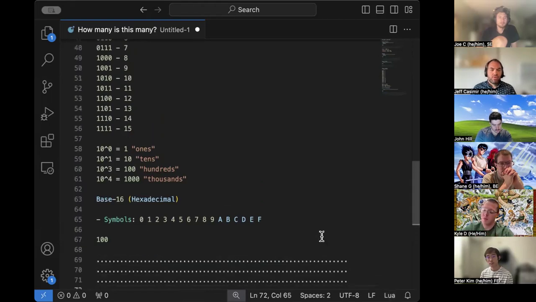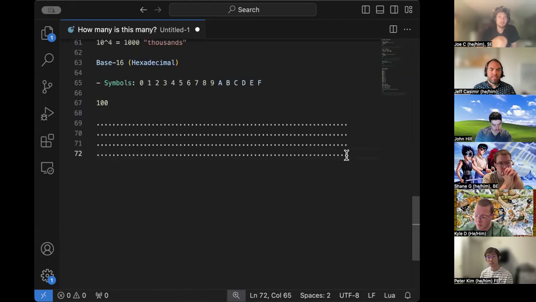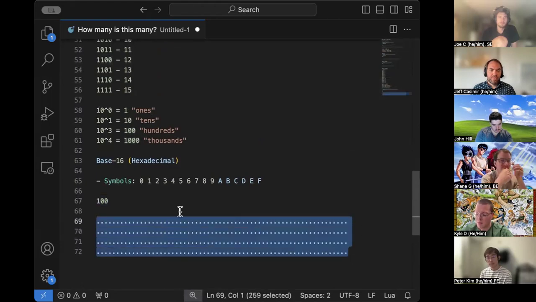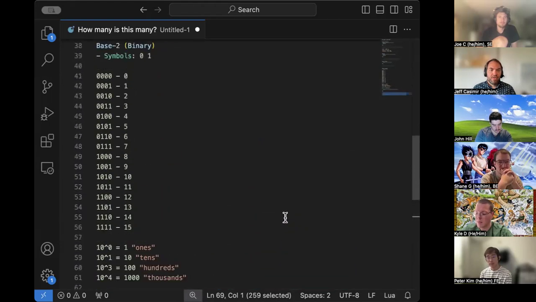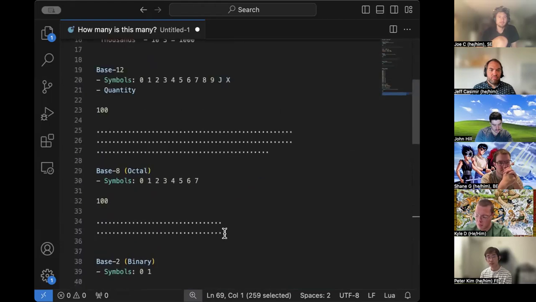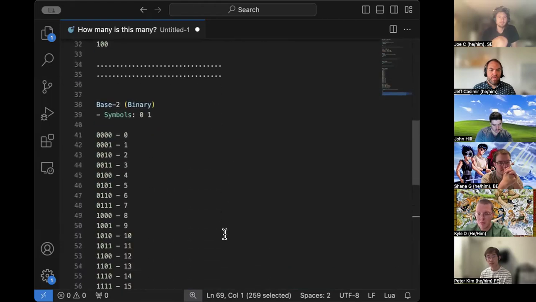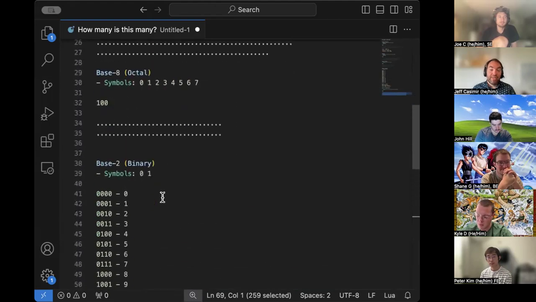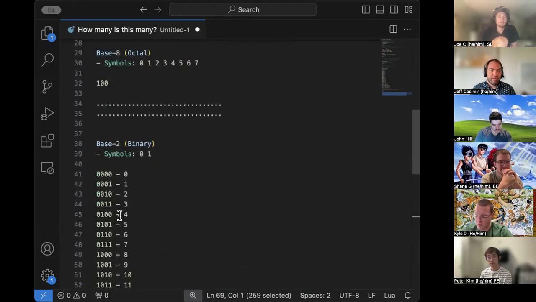Okay. So now if I compare that side by side, this 100 in hex represents this quantity. Well, I never even did it for binary. Binary 100 would just be 4: 2, 3, 4.